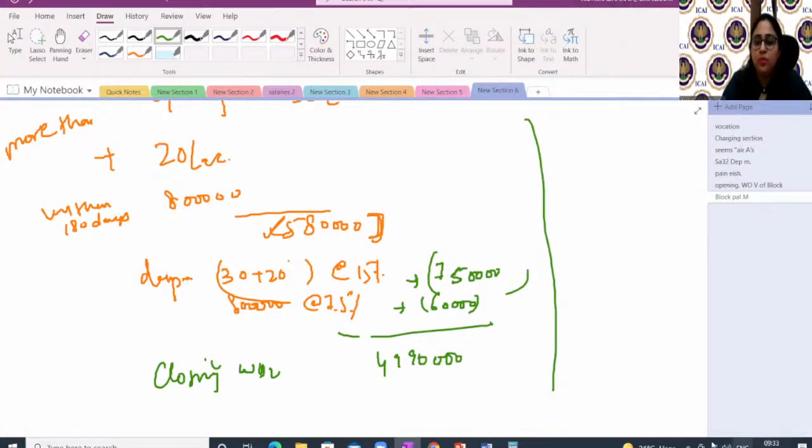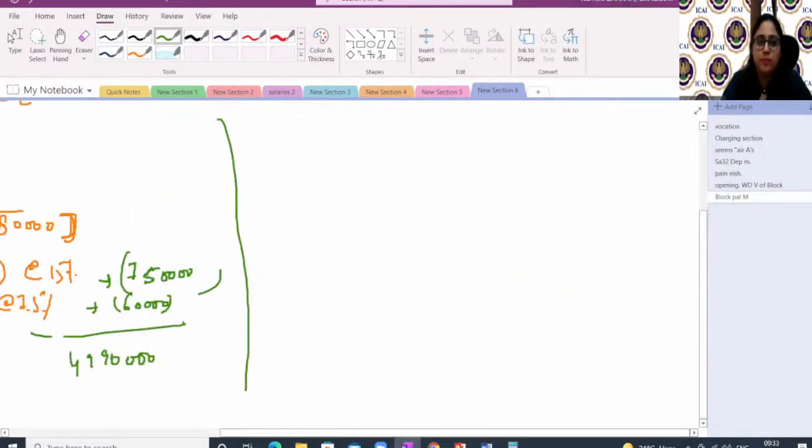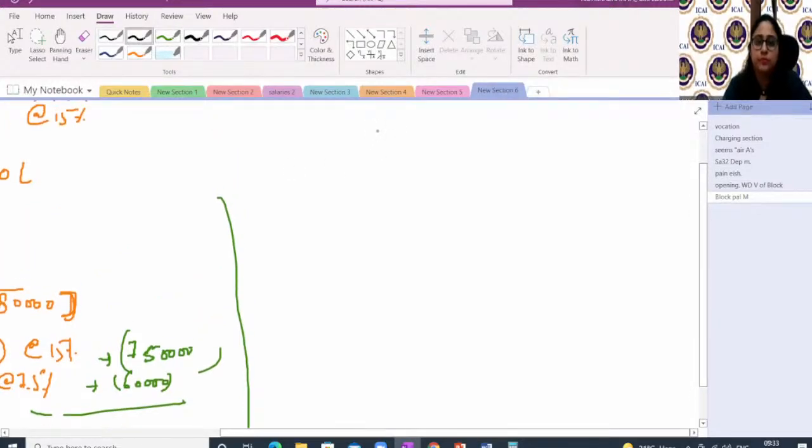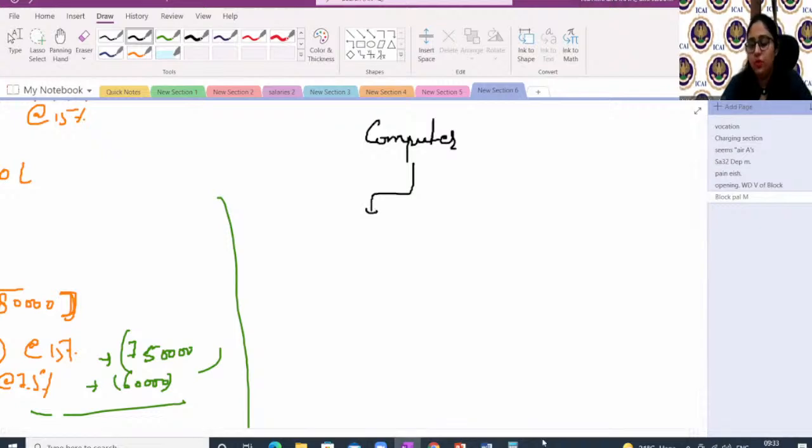You will make another block for computer. Computer, what will happen, students? There is no opening value, only addition is there, and addition is for how much? 3 lakhs.